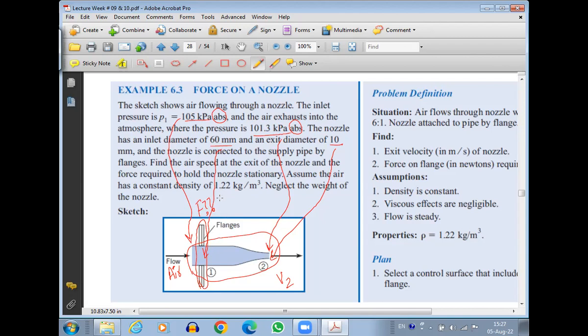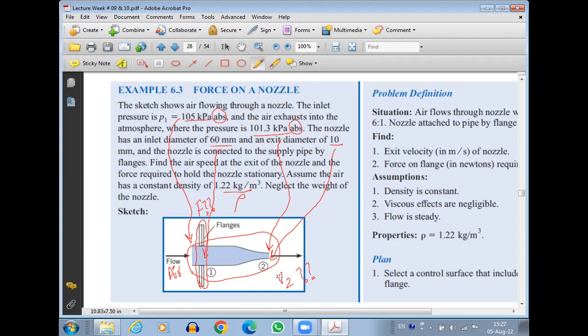Suppose the density of the air is provided and it is constant. Neglect the weight of the nozzle. So this is the problem statement, and we need to find the force and the velocity of air at the exit of the nozzle.